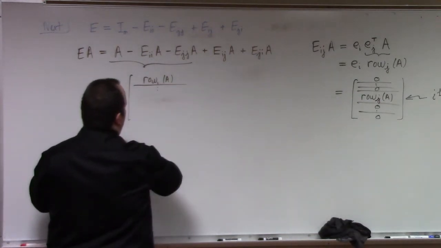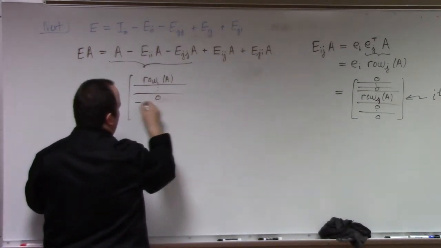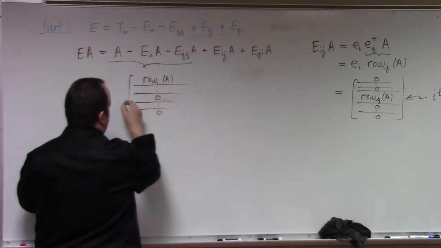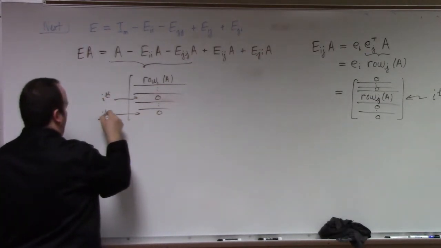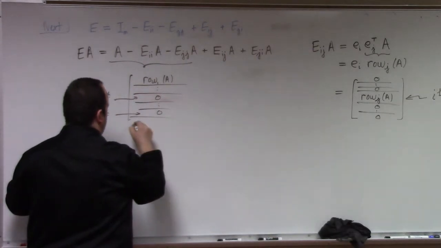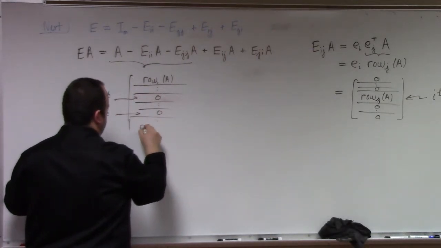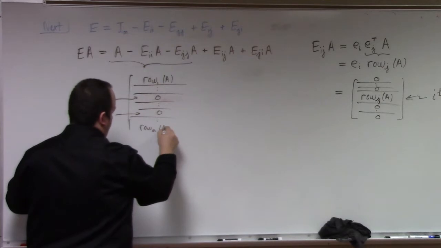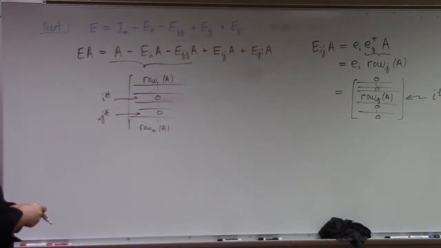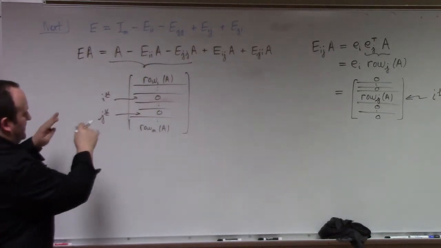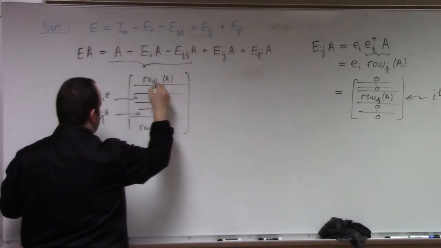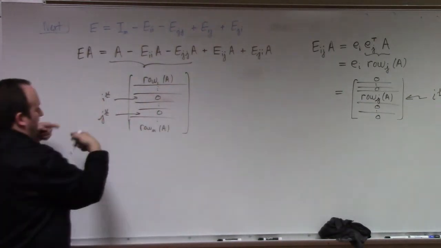I'm not sure of a good notation for this, but there's a 0, there's another 0. This is the ith, this is the jth, and the rest of the rows are there. It's probably better to write it in words than to try to write this kind of notation anyway. But that's got all of the rows, except the ith and jth have been removed.